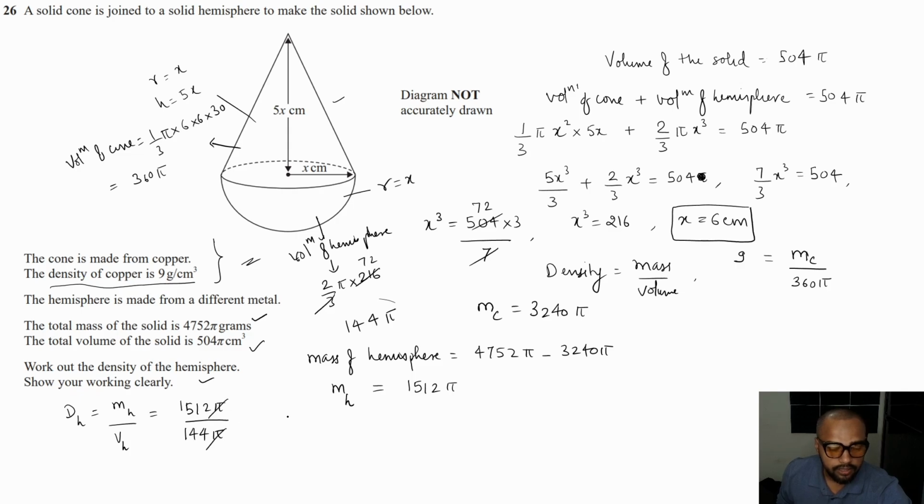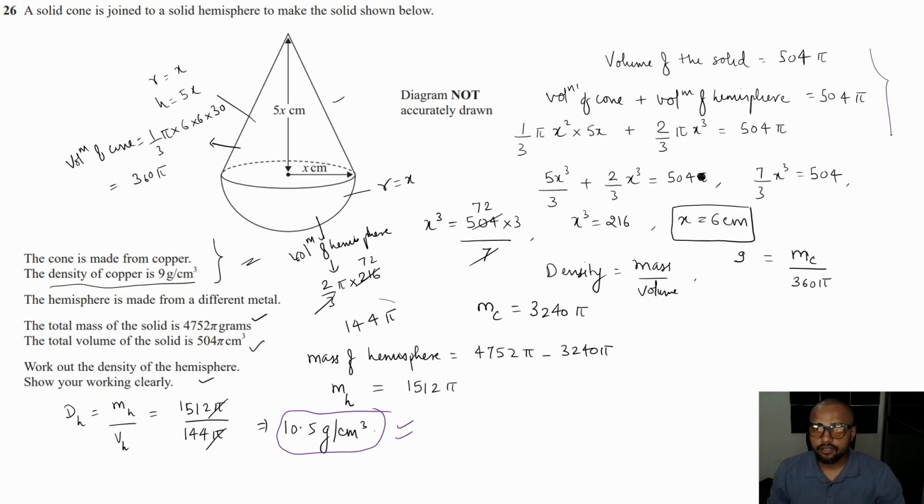This pi and this pi got cancelled. 1512 divided by 144, we are getting as 10.5 gram per centimeter cube. Okay, students, this is the density of the hemisphere, which they were asking us to calculate.